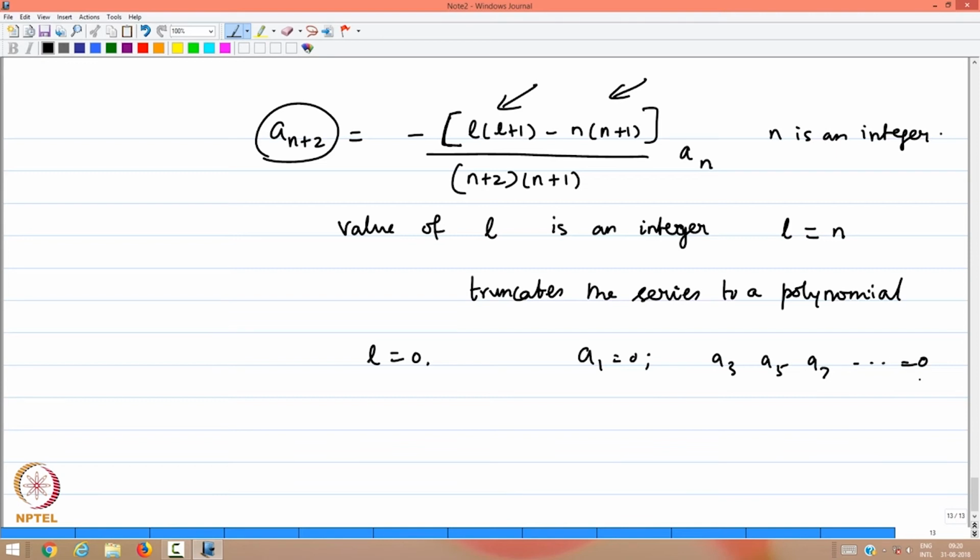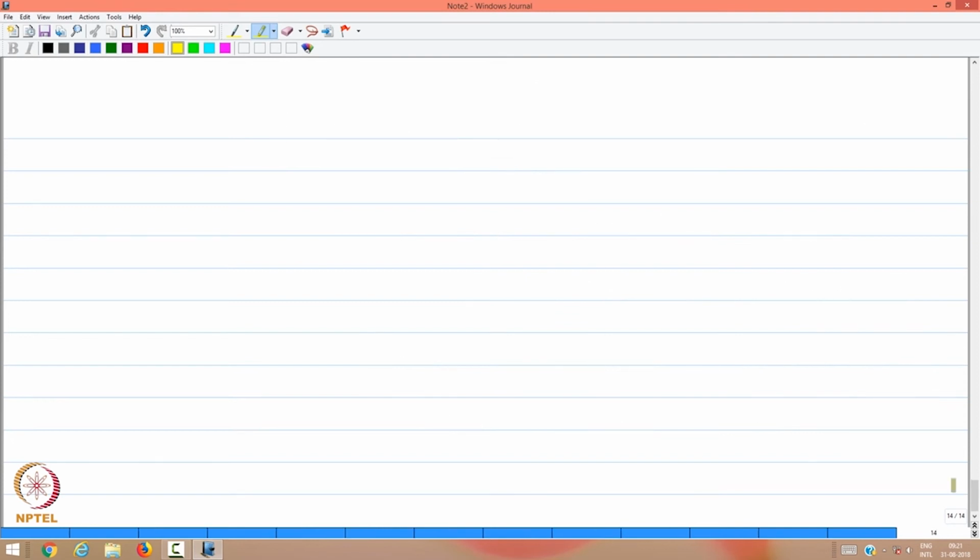Therefore, we have only one series of powers containing a naught is non-zero, and for L equal to 0, of course, a naught will be 1, because the polynomial p of x choosing L to be 0, we will denote that value of L to be here, and that is equal to 1. This is important. This is the lowest order polynomial constant.